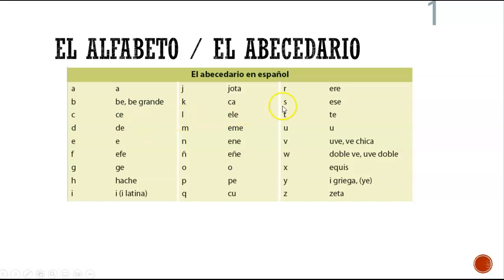Very close to one another. Also, close sounds would be be and pe.